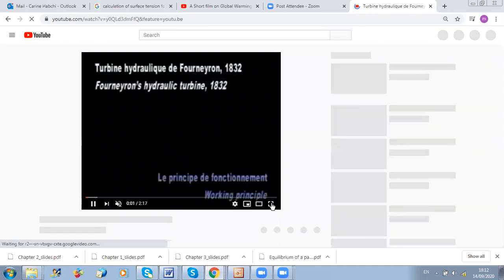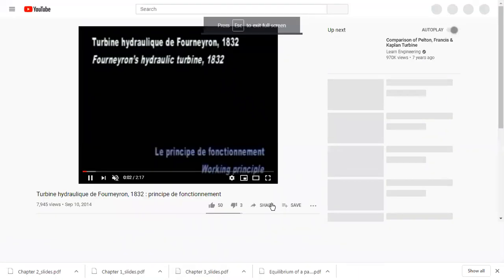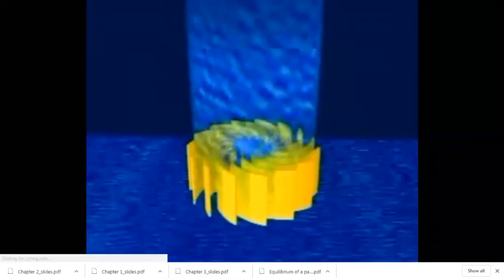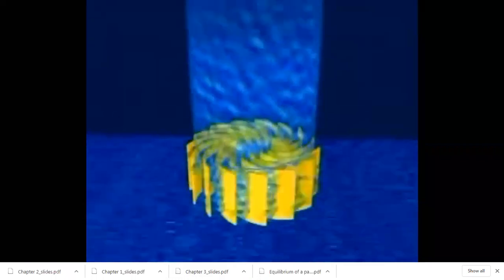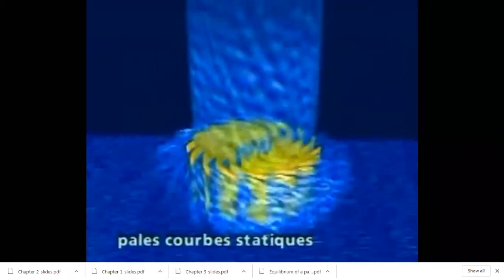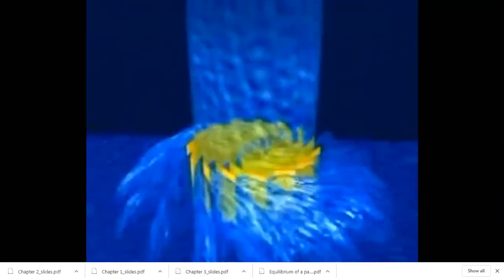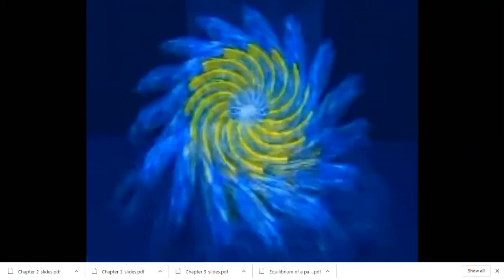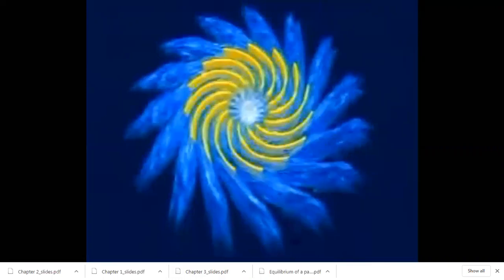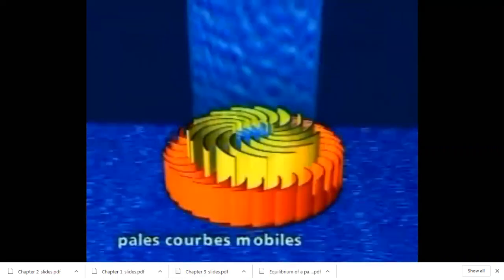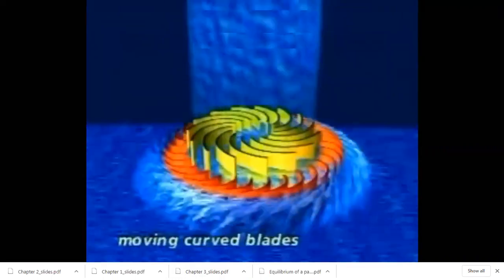Okay, so here you should know that this turbine consists mainly of two sets of blades. One is fixed and the other is moving, and they have opposed directions. We will see why. So first, as you will see here, you have a jet of water, for example, that is going down on the blades.